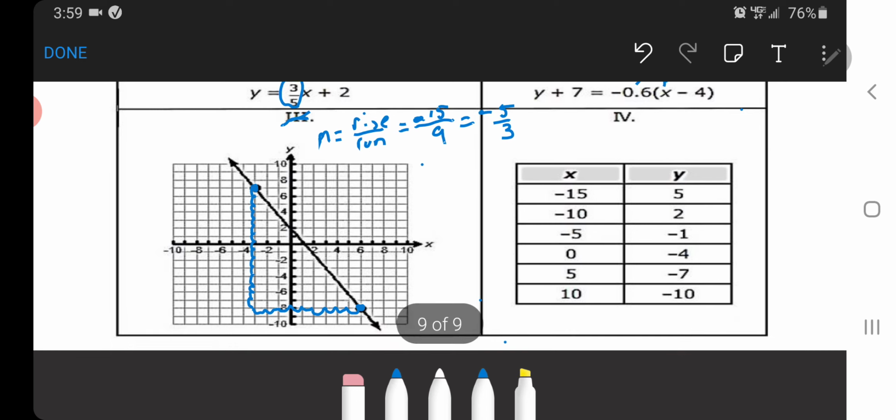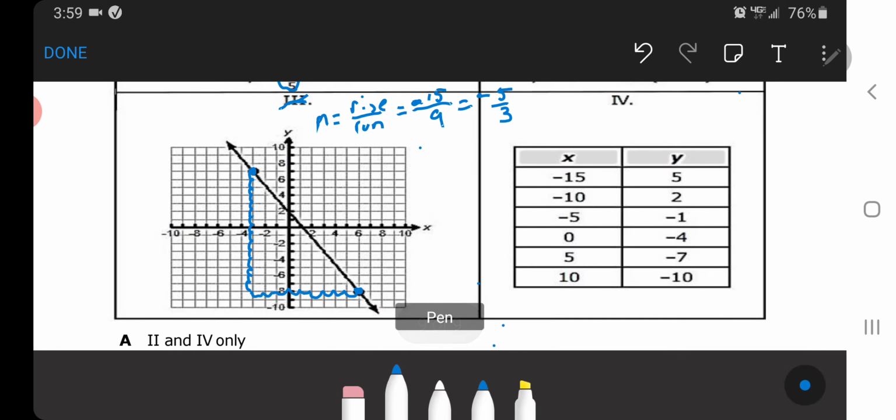Looking at our table here. Once again, you can use any form you want. Let's go with the change in y over the change in x. So m equals change in y over change in x. I think it's pretty easy to do with this one. Our change in y from 5 to 2, we go down 3, so we subtracted 3. Over, well, negative 15 to negative 10, we went up by 5.